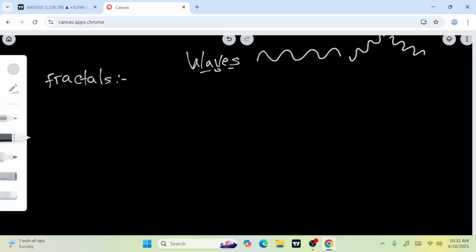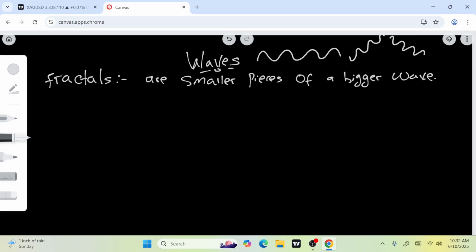Fractals are smaller pieces of a bigger wave. That is just a layman's understanding of what fractals are.